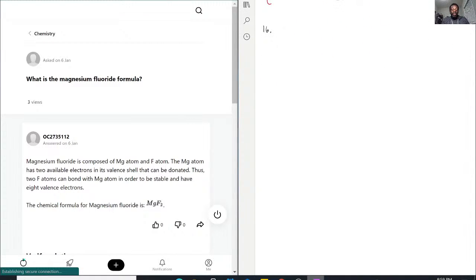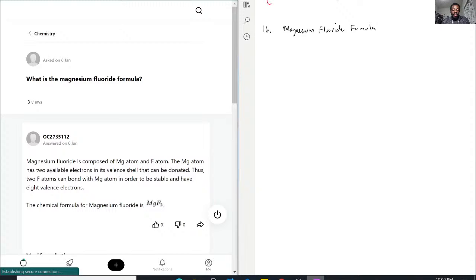So this question is asking us, what is the magnesium fluoride formula? Unfortunately, you can probably already see the answer there. Can't really hide it.